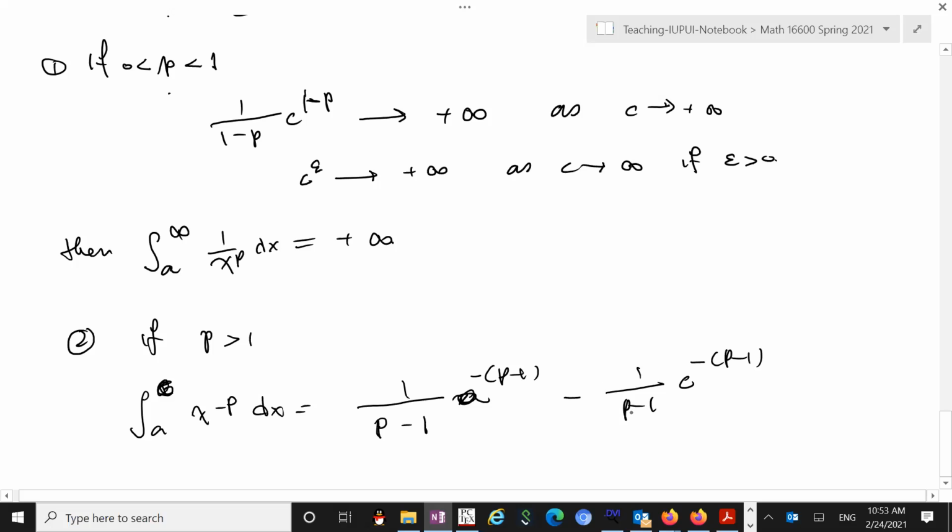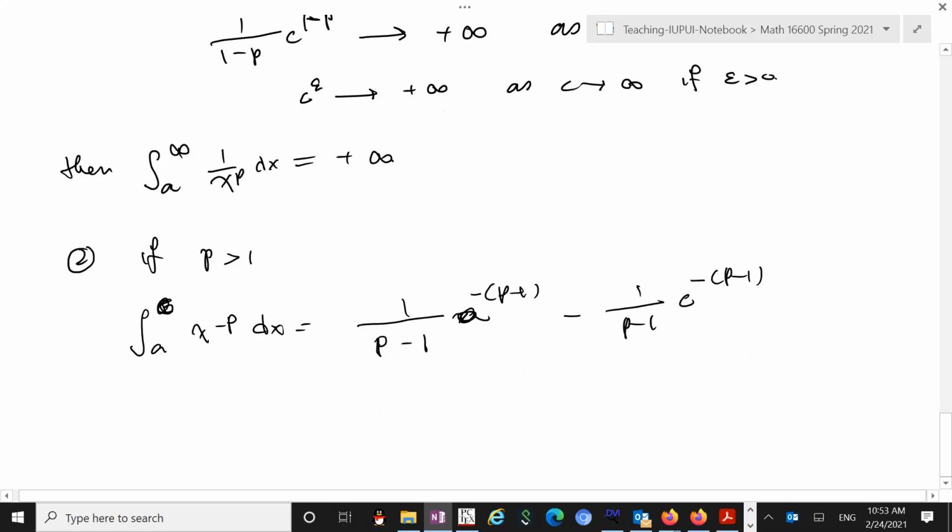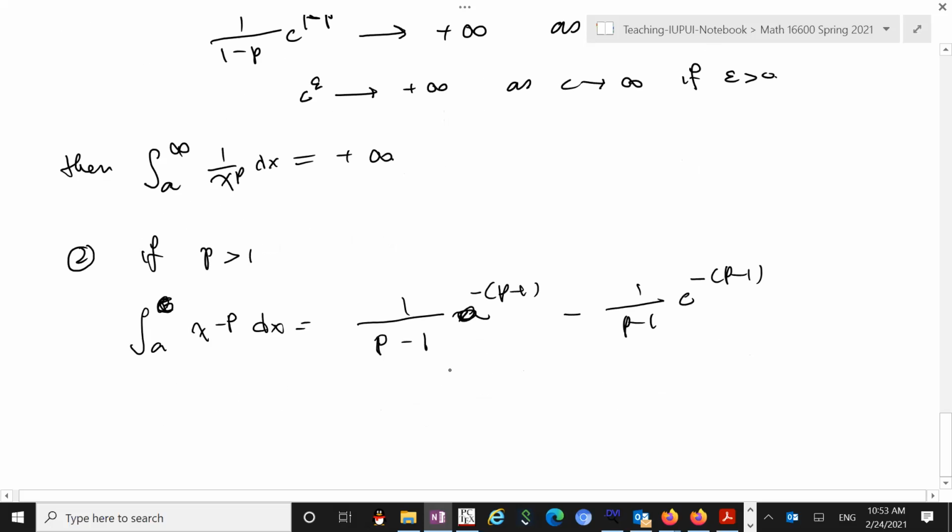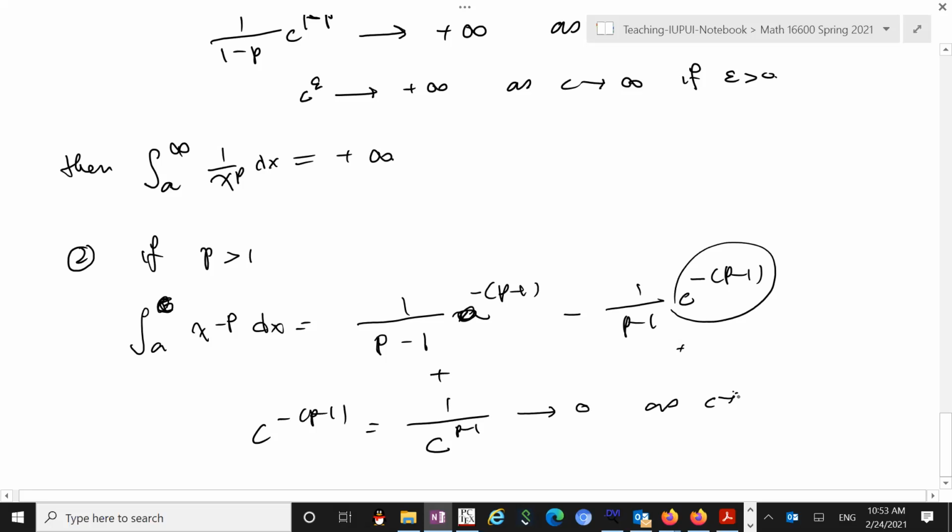You switch the order because p is greater than 1, so this is a positive term. Now look at this term: clearly it can be written as 1 over c to the p minus 1. Since p minus 1 is positive, this approaches 0 as c approaches infinity.